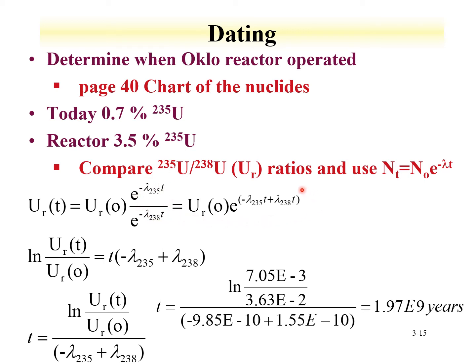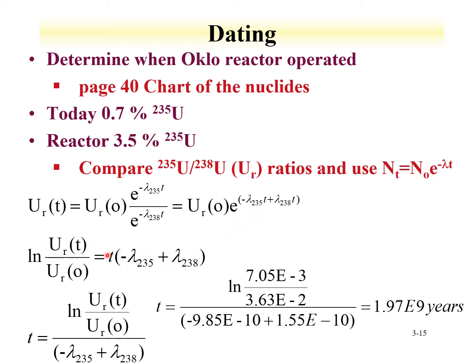So now we have everything we need to know to solve this equation. We just rearrange, we solve for time. We have the ratio at time t, the initial ratio. We know the decay constants. We rearrange this equation, and we get a value on the order of 2 billion years, which is actually pretty accurate.